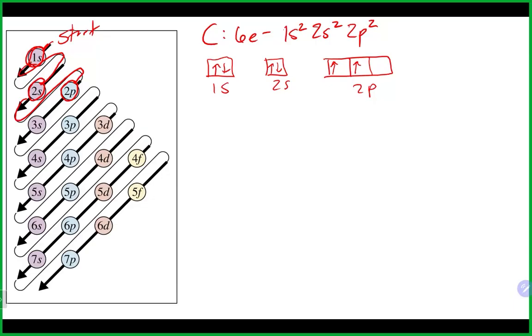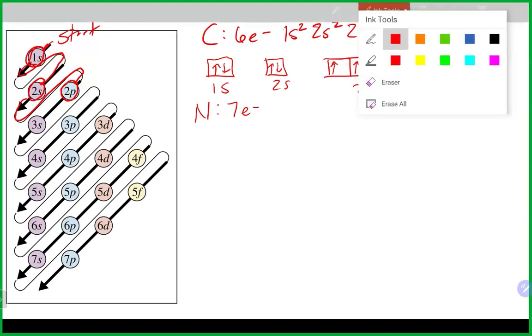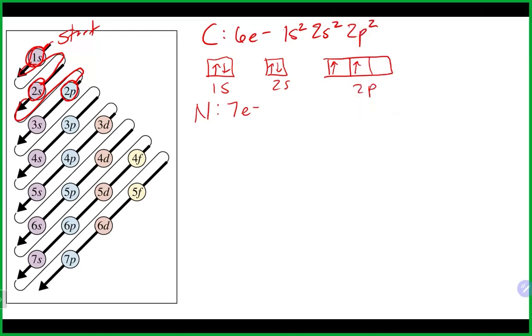Continuing on, after carbon is nitrogen, and that is 7 protons, which means it should have 7 electrons. And again, starting up here on top, like always, will come 1s2, zigzag back, 2s2, and again, zigzag back, and now we're at 2p3.